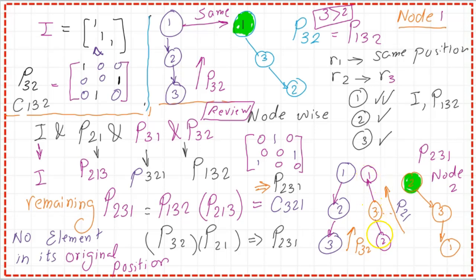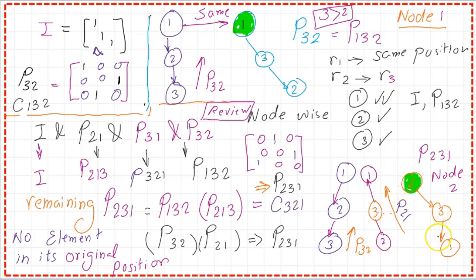But again, we need to make a swap from the second to the first, and the first will become the third new position. So from here we have 1, 3, 2, but we need 2, 3, 1. It means that this node 2 will move up, and the first row will come down.